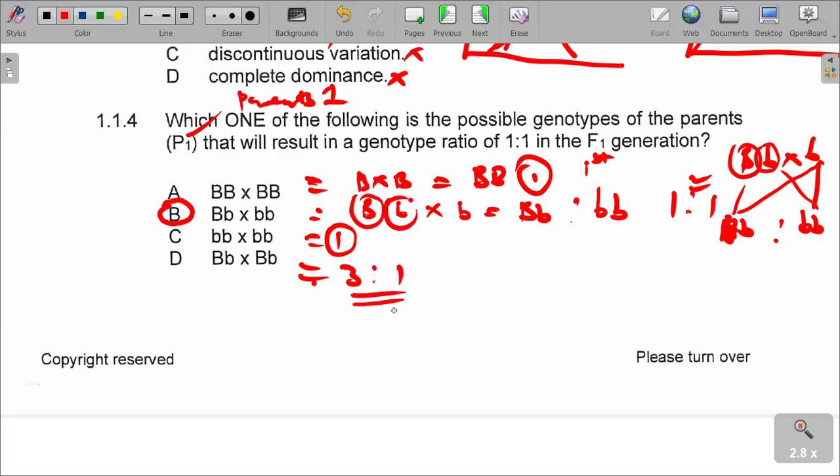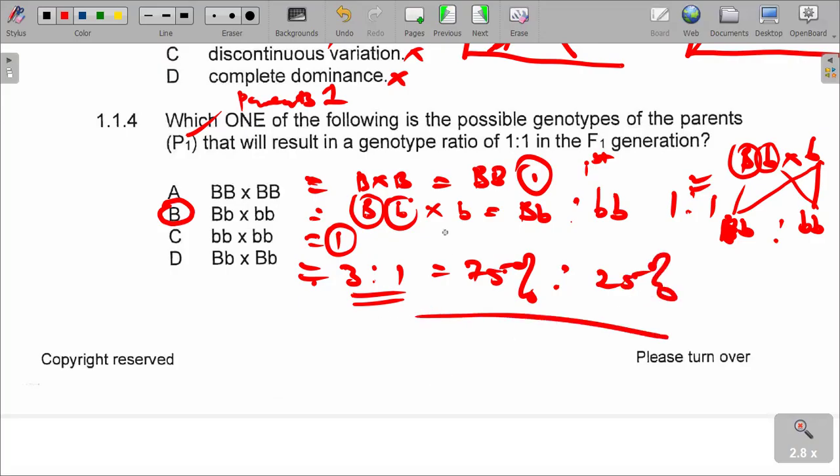I'm sure you know very well that a heterozygous cross with complete dominance results in a 3:1 ratio, which is 75% to 25%, so that is not correct. Our answer is 1:1, which is B, 50 to 50. Therefore, our answer is B. I'm sure that we are getting this very well.